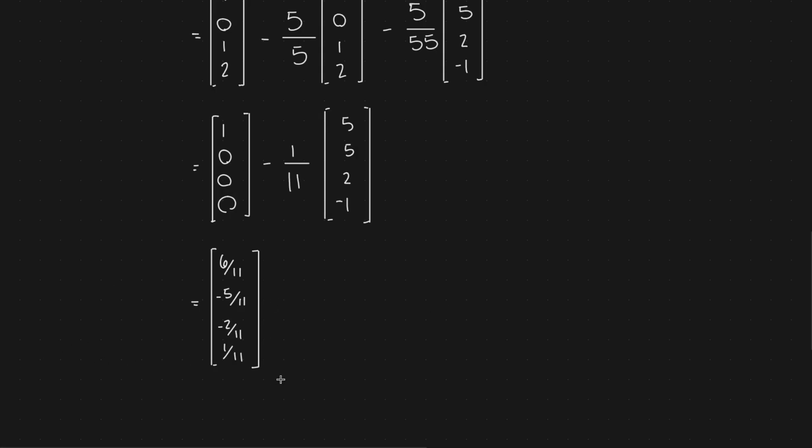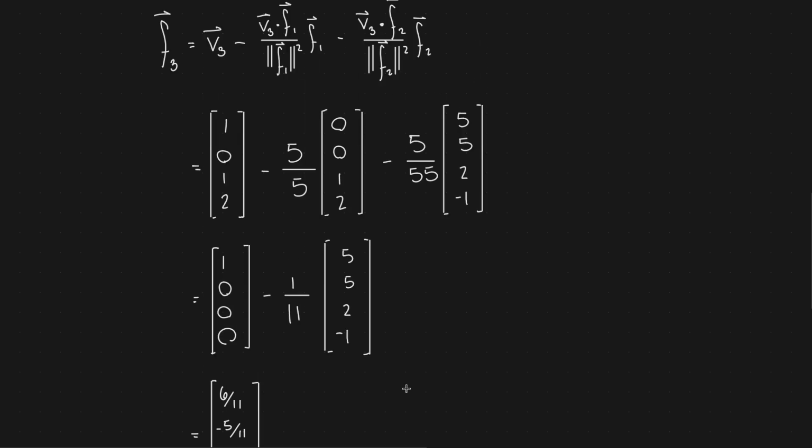And this is fine for F3, but just as before, any scalar multiple of this vector would still be orthogonal to the two previous vectors. It would still, with the two previous vectors, span the subspace. So rather than using this vector, I'm going to multiply this vector by 11. That way I can get rid of any fractions and make it look a little prettier. Okay.